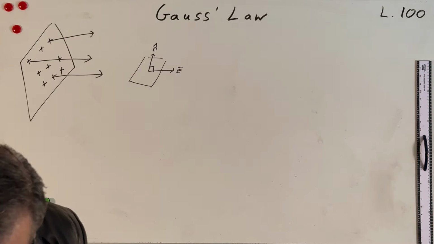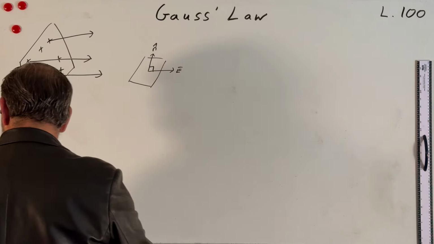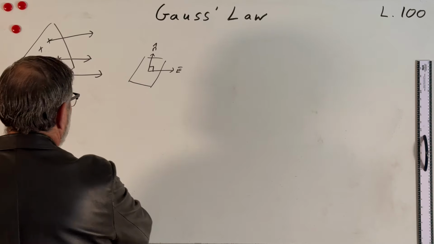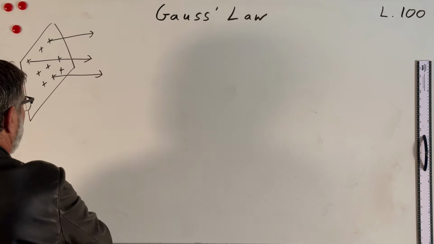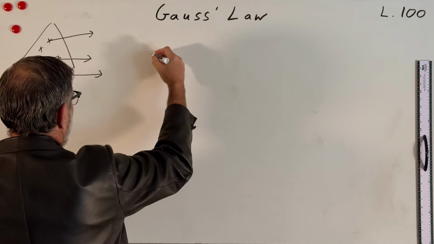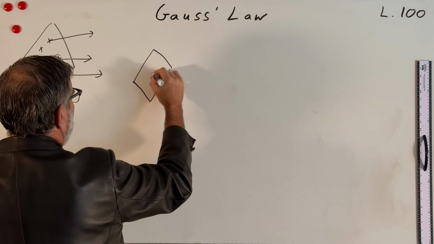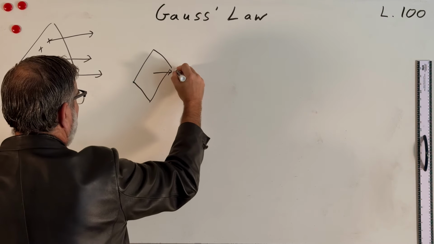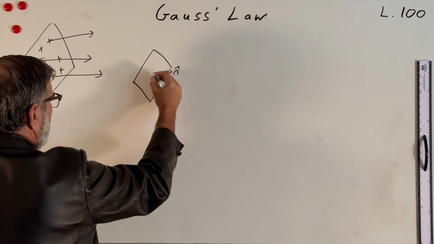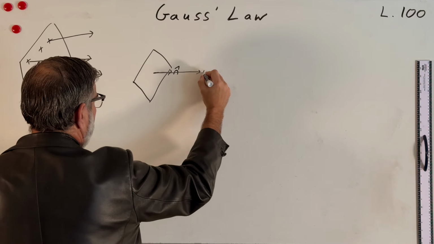So I get zero if I do it that way. I would get a maximum amount if I place my surface such that the normal vector from the surface is aligned with the electric field.